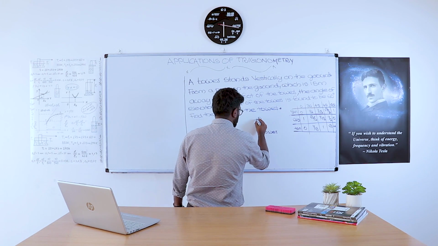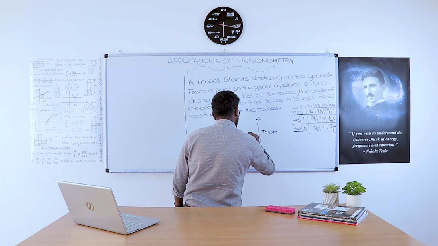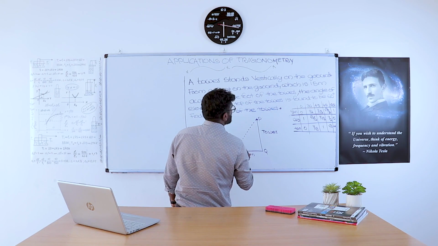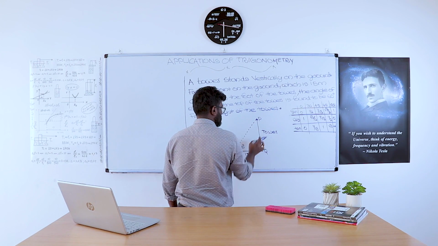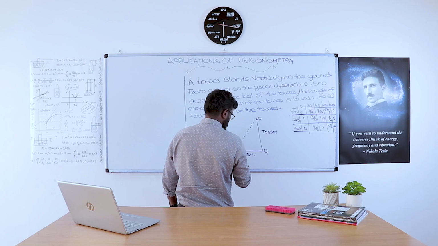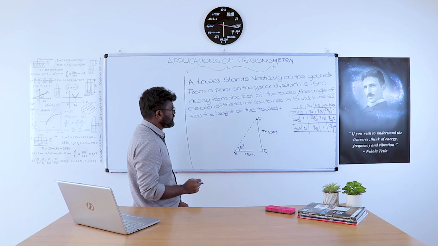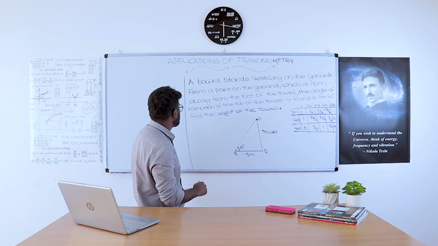So this is the top of the tower, and this is 15 meter, and this is the tower PQ. Now this point will be taken as R. The angle of elevation is 60 degree. We want to find the height of the tower.